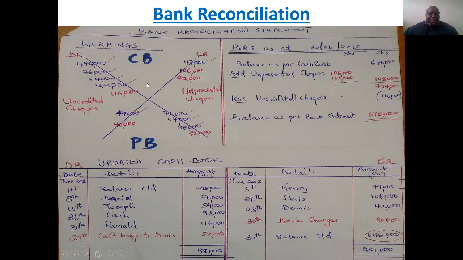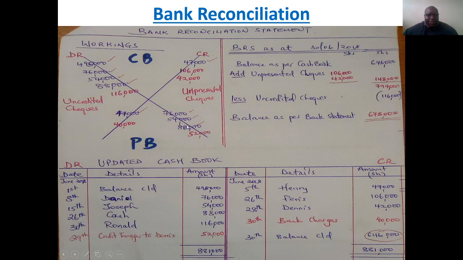So after this, we update the cash book. We have the DR side and the CR side. The DR side takes 495,000, then 76,000, 54,000, 88,000, 116,000, and 52,000 that had not been reflected.